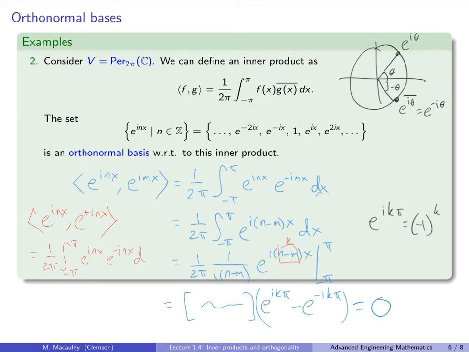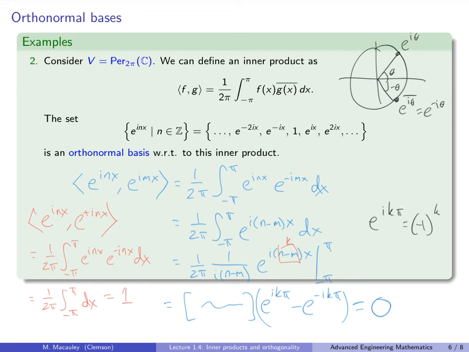There's the negative sign, because we take the complex conjugate. And now the product of these things is just 1. So this is 1 over 2 pi times the integral from negative pi to pi of dx, and that, of course, is just equal to 1. So yes, each of these functions is also unit length with respect to this inner product.